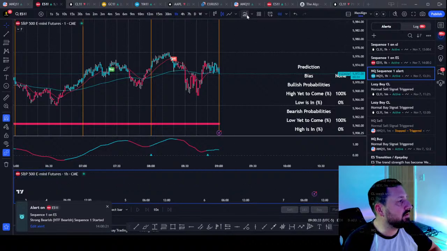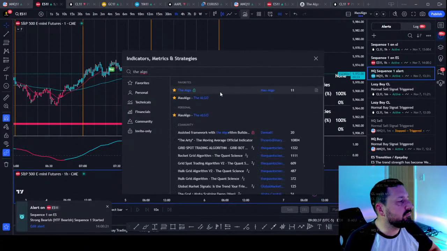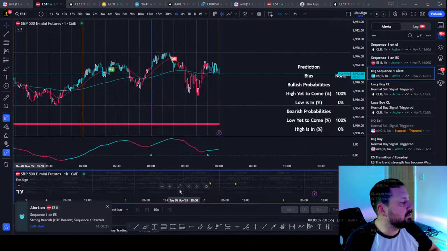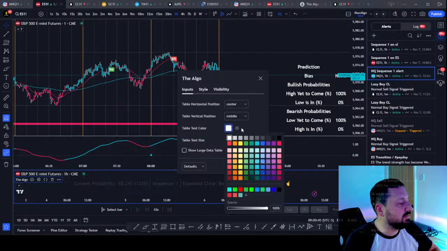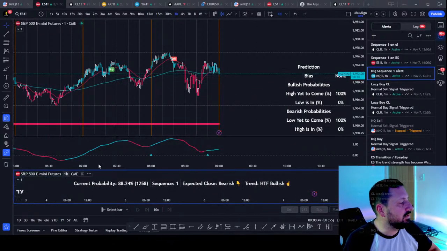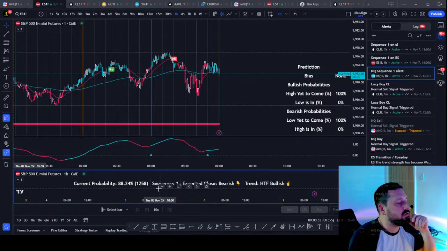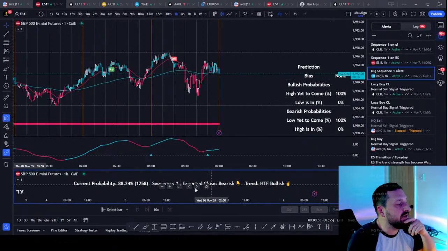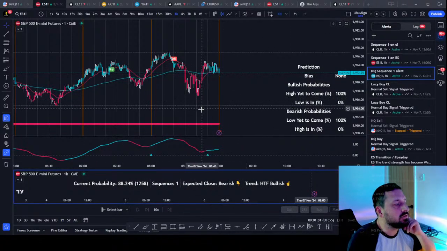Let's re-add the algo. Not sure if I've updated it. That's better. Had the one from yesterday on. We are bullish in a sequence 1. Sorry, we have a bearish sequence 1 on ES.